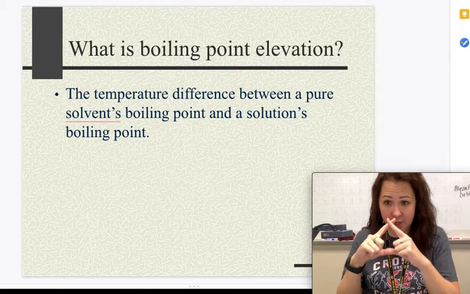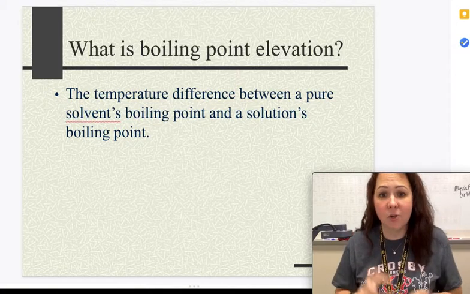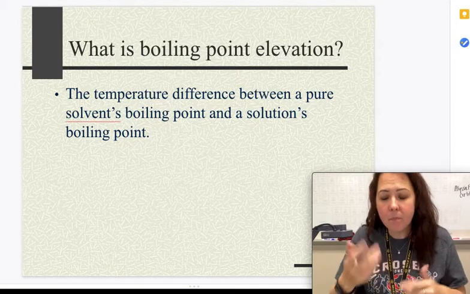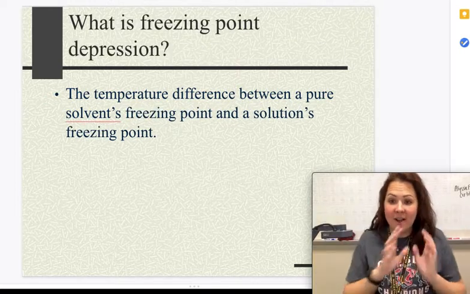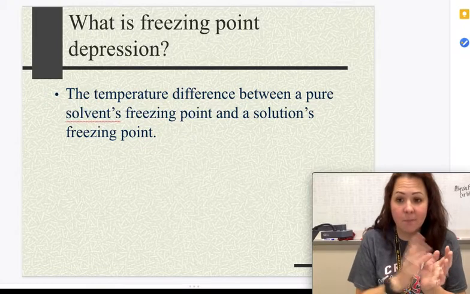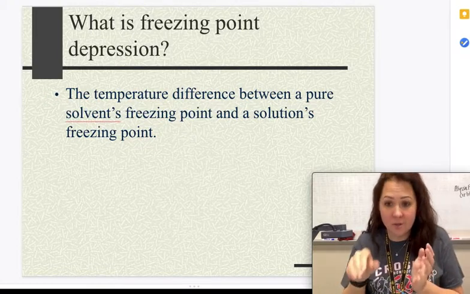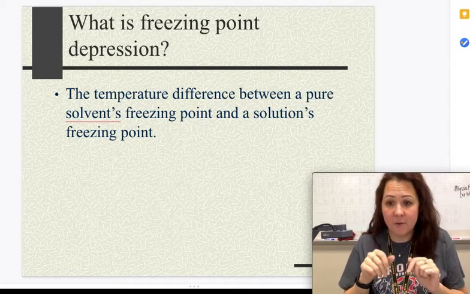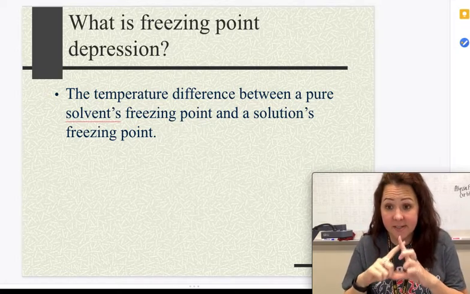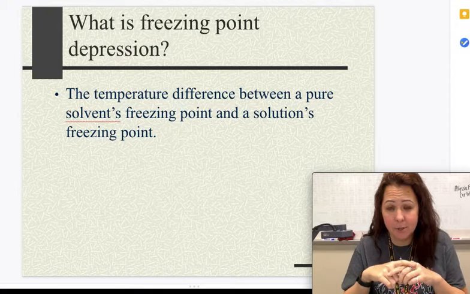A delta is change in, it's a triangle. So you're going to find the change in temperature. Same thing with freezing point depression. You're going to have the original freezing point, and then you're going to have your new freezing point with the solution, and you're going to look at the difference between the two. Again, you're going to find the delta T, the change in temperature.